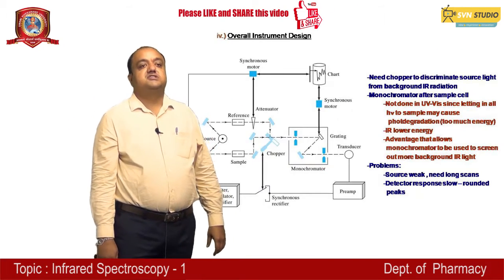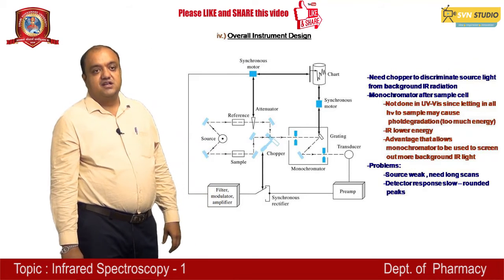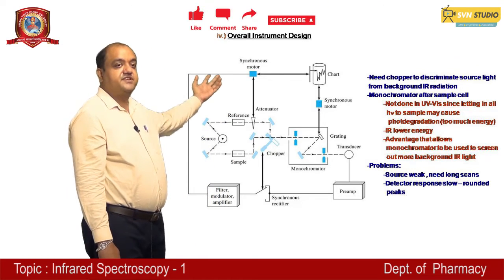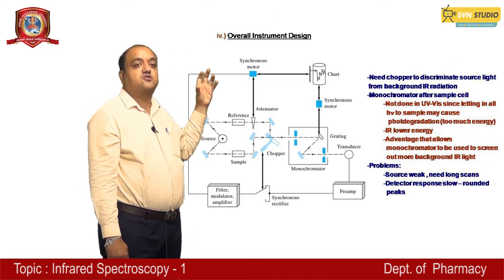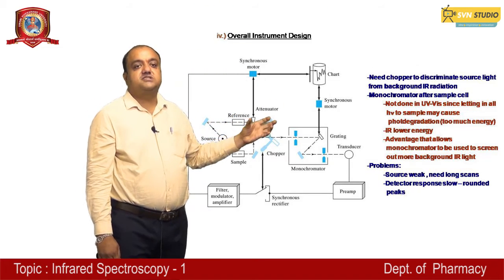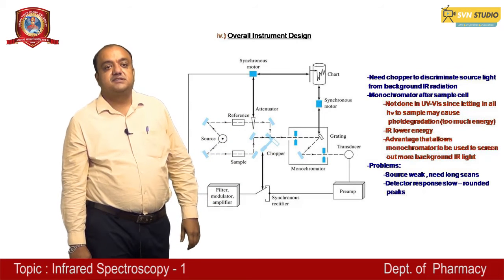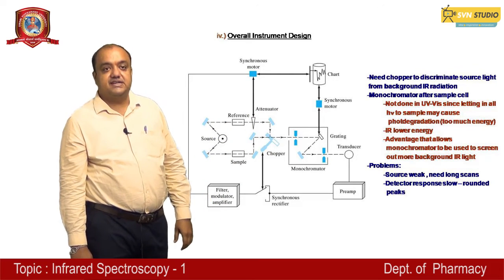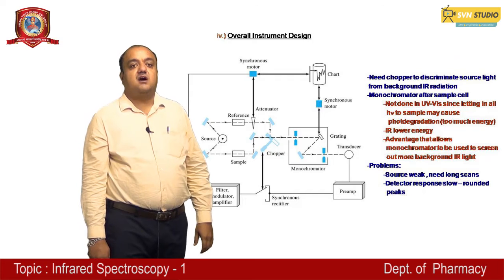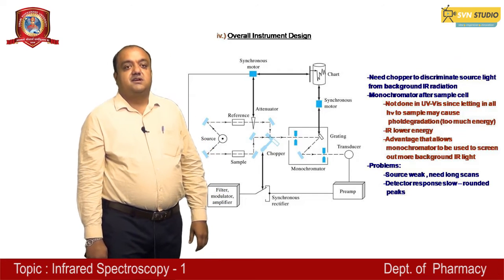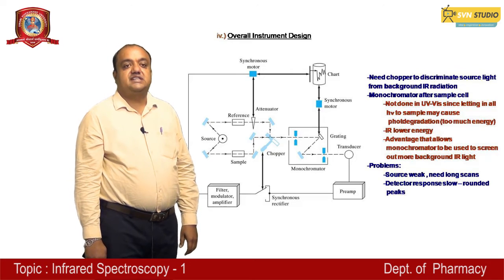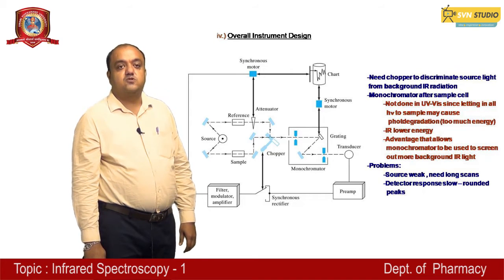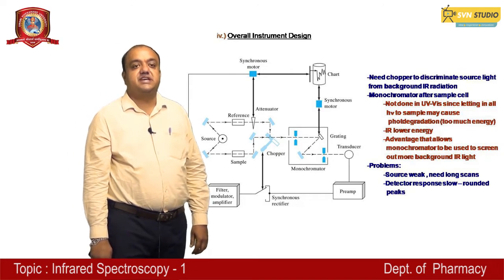The overall instrumental design of the IR, the graph showing the design, consists of the IR source, the neat choppers to discriminate source light from background IR radiation, and the monochromator after the sample cell. This is not done in UV-visible, since letting all the hν into the sample may cause photodegradation and too much energy.